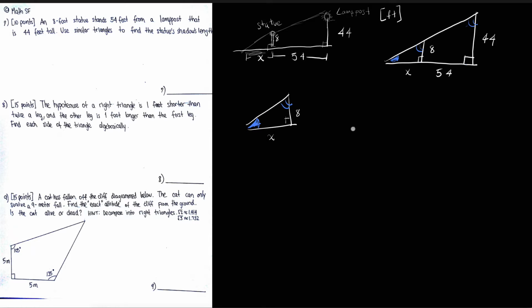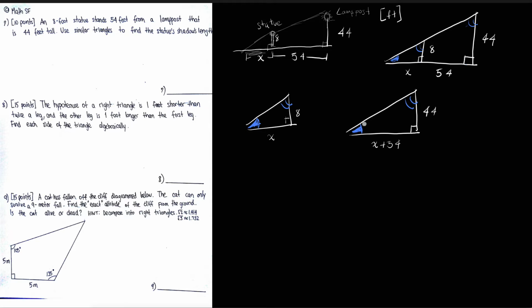And I'm also going to have the bigger triangle, which I actually happen to have a 44 in here, my 90 degrees in here, and then this is the tricky part. Be careful, it's actually X plus 54. Okay, so this one here is the one that they share, right? And this one here is the other angle there.